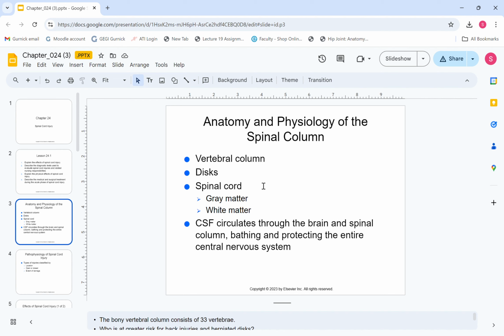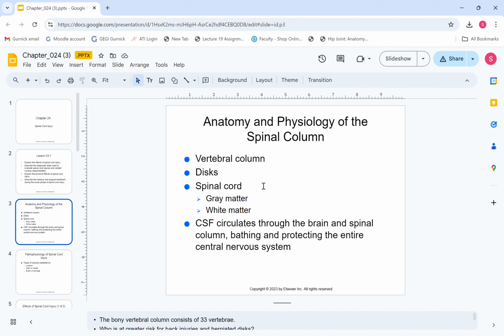The nerve fibers in white matter are surrounded by a fatty tissue that helps insulate those nerves. And the gray matter doesn't have that covering. So that's the difference.